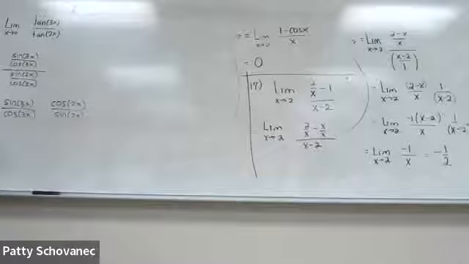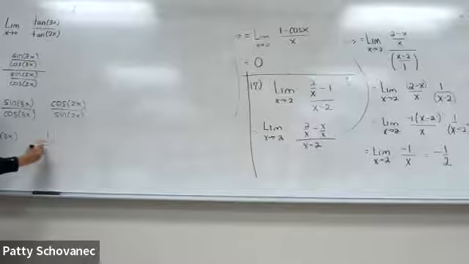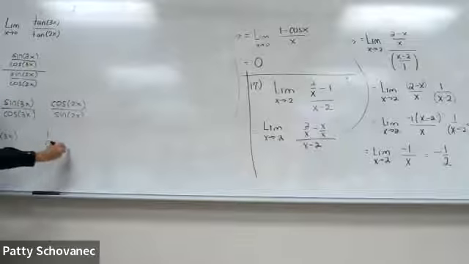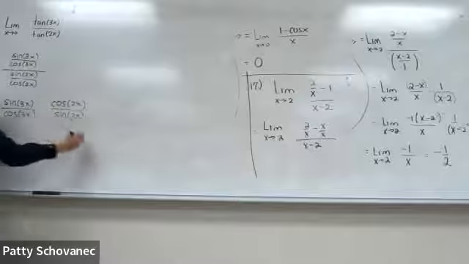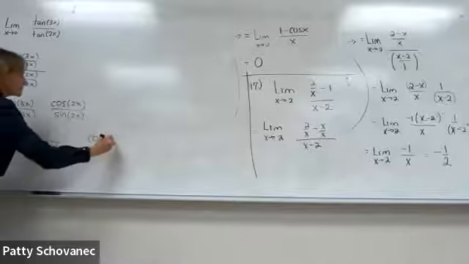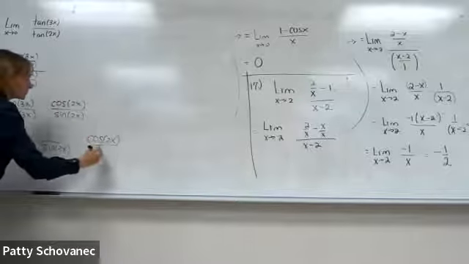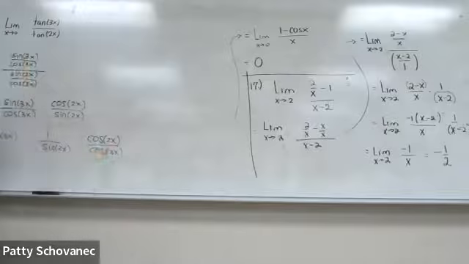I'll write that as the sine of 3x times 1 over the sine of 2x times the cosine of 2x over the cosine of 3x. Just moving furniture.